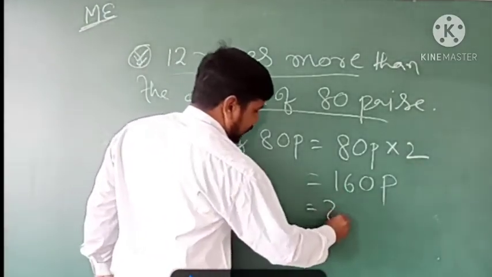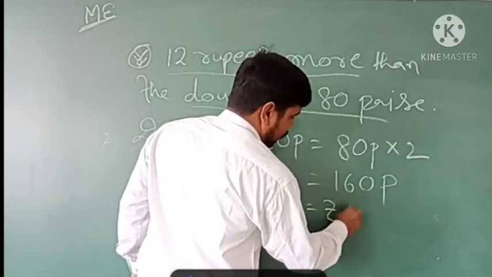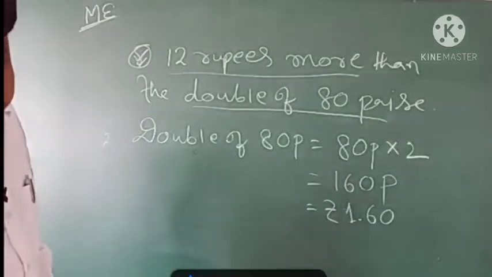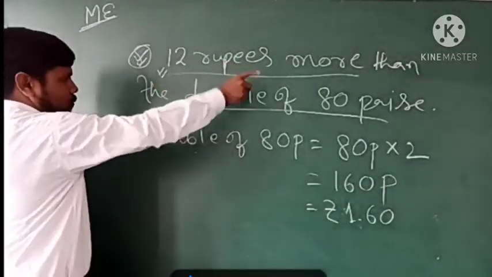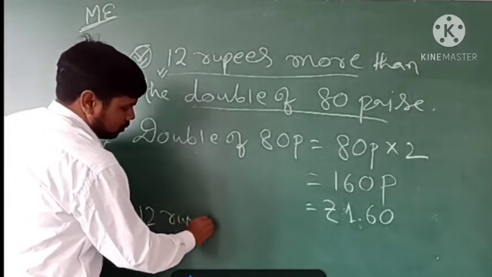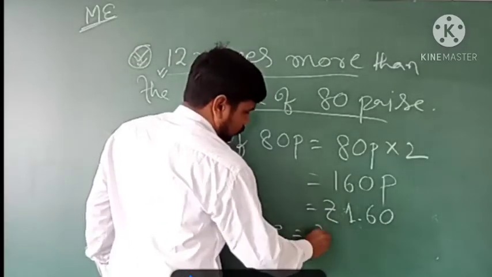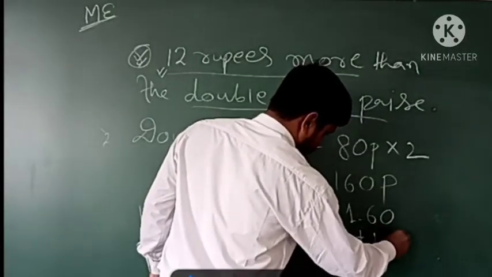If you write in rupees, it will be 1 rupee 60 paise, right? The options are in rupees. So very simply you have to add it to 12 rupees. 12 rupees more than that. So 12 rupees more is equal to rupees 12 plus 1 rupee, 1 decimal 60.